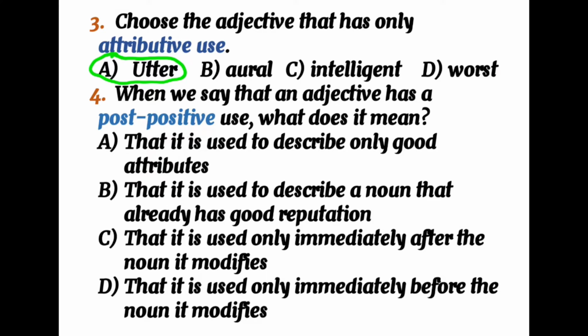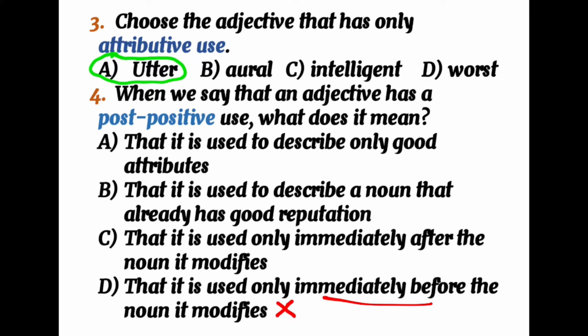That it is used to describe a noun that already has a good reputation? That it is used only immediately after the noun it modifies, or that it is used only immediately before the noun it modifies? Now clearly I have told you that if an adjective modifies the noun and is present immediately before it, it is called attributive, so it cannot be post-positive.